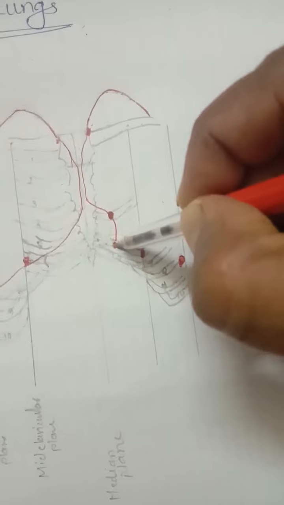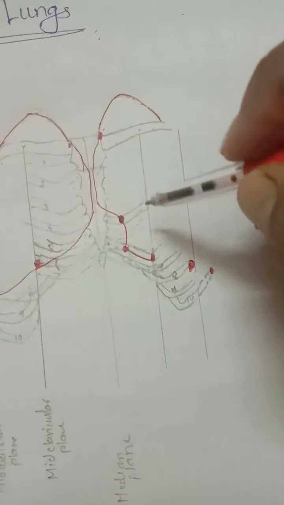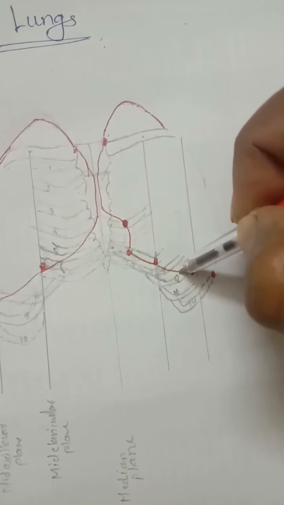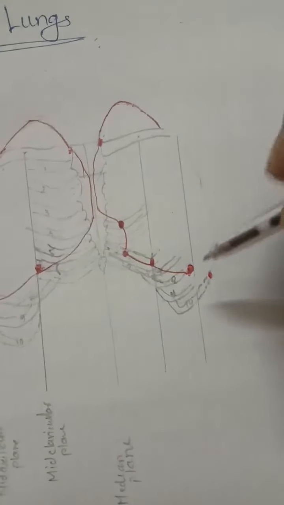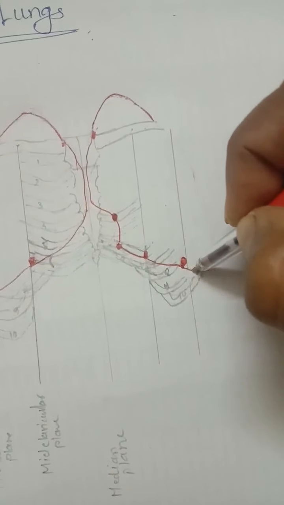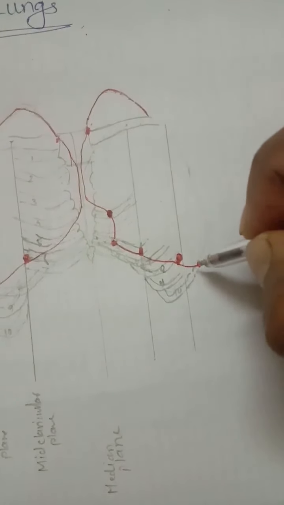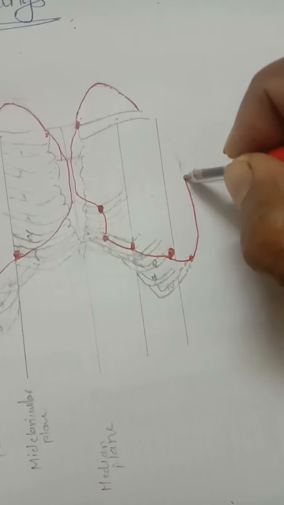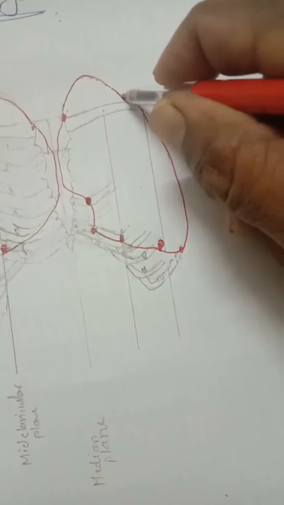Then from this region it should be attached to the 6th rib on the midclavicular line. Then it continues into the 8th rib, which is present on the mid axillary line, and then it should be attached to the 10th rib, which is present on the lateral side of the erector spinae muscle, and then this margin goes upwards and should be attached to the lateral margin of the apex of the lung.